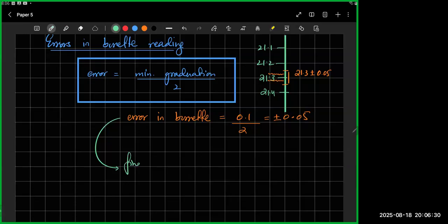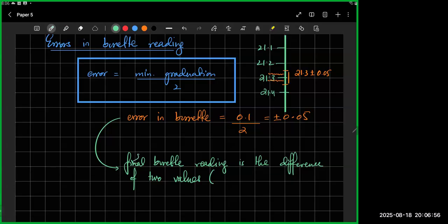ठीक है. तो ये था, लेकिन ब्यूरेट में ये कि since the final burette reading जो है, फाइनल ब्यूरेट रीडिंग is the difference of two values, initial and final. और वो two values कौन सी हैं, बल्कि फाइनल ब्यूरेट रीडिंग नहीं, बल्कि ब्यूरेट रीडिंग भी नहीं, वॉल्यूम यूज्ड. ठीक है.